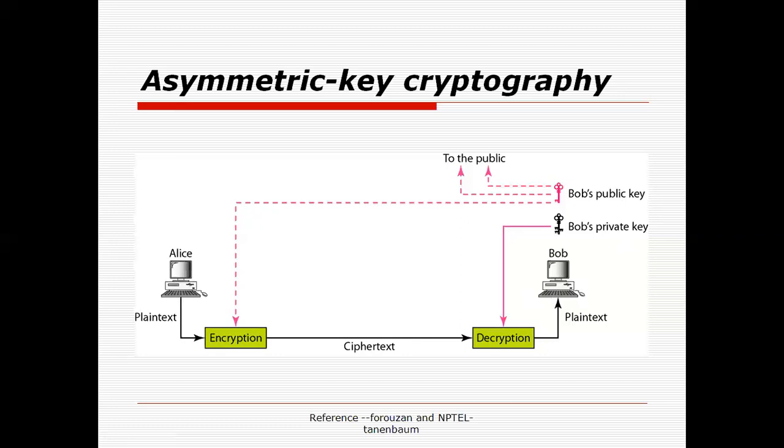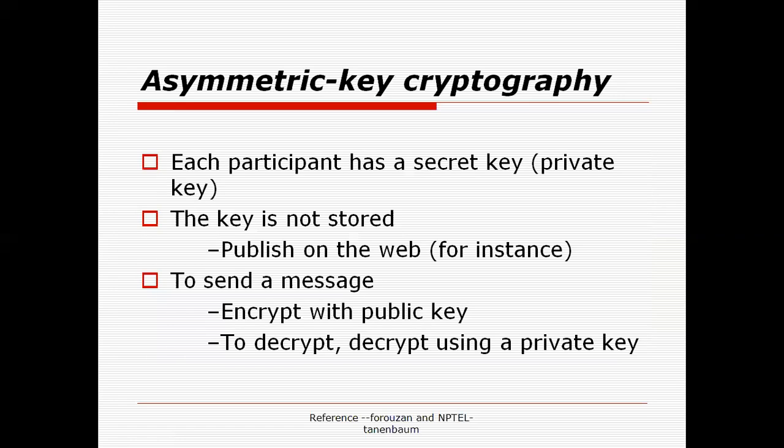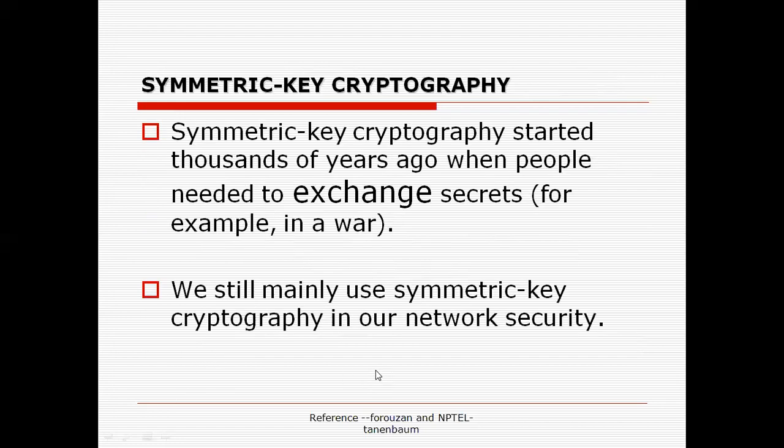So in this pattern, asymmetric key algorithms work. Each participant has a secret key, it is private. Each public key is not stored, it is published on the web. The message being sent is encrypted with the public key and decrypted with the private key.